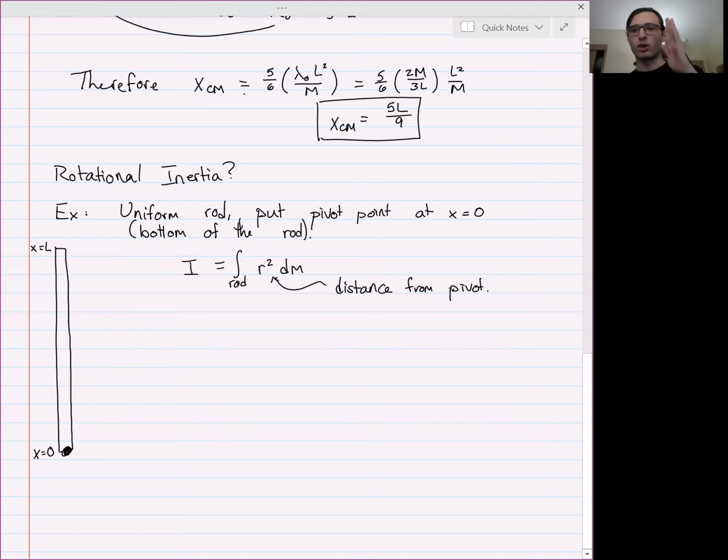But if you were imagining a real world thing where, say, this pen was the axis of rotation, that distance would actually represent the closest distance from the pivot to the object.